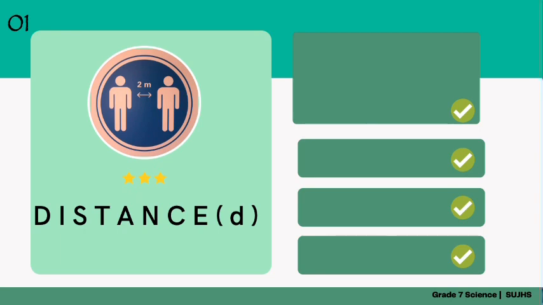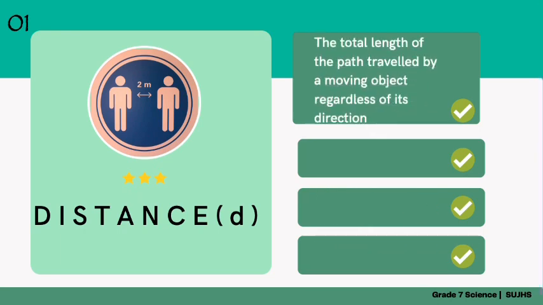It's symbolized by small letter d. It's defined as the total length of the path traveled by a moving object regardless of its direction. Its System International or SI unit of measure is meter, symbolized by small letter m.